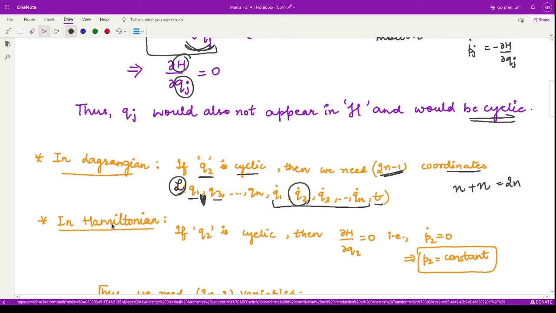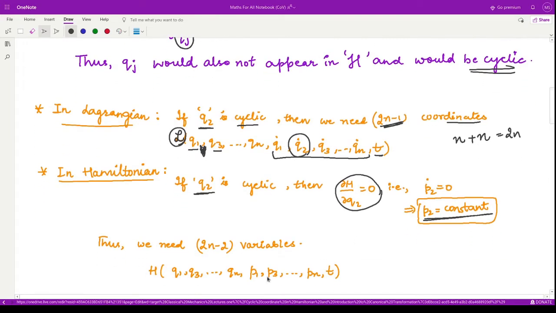But taking the same in the Hamiltonian, if our coordinate q2 is cyclic, that means this quantity is 0 by definition, and accordingly this is nothing but p2 dot, which is equal to 0. That means p2 is constant. Here the Hamiltonian is represented in terms of generalized coordinates as well as generalized momenta.